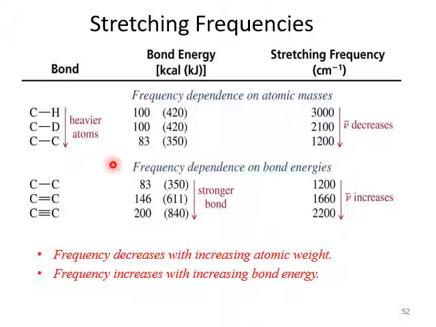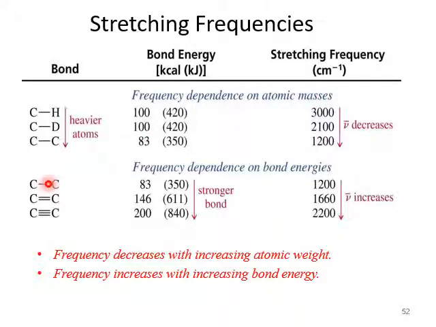For example, by increasing the atomic weight, the frequency will decrease. Here you can see a bond between carbon and hydrogen, then carbon and another carbon. The atoms are heavier, and so the frequency is decreasing. With an increase in atomic weight, the frequency will be lower.